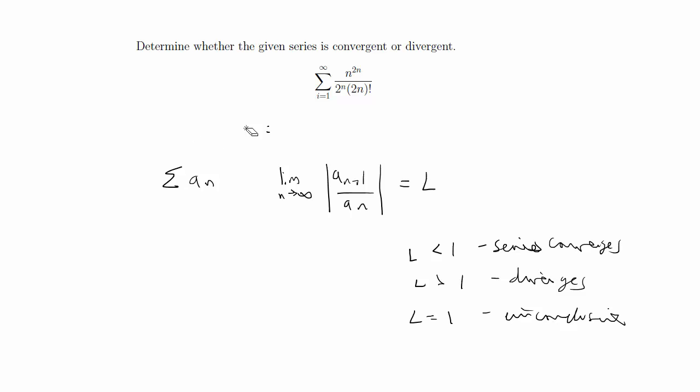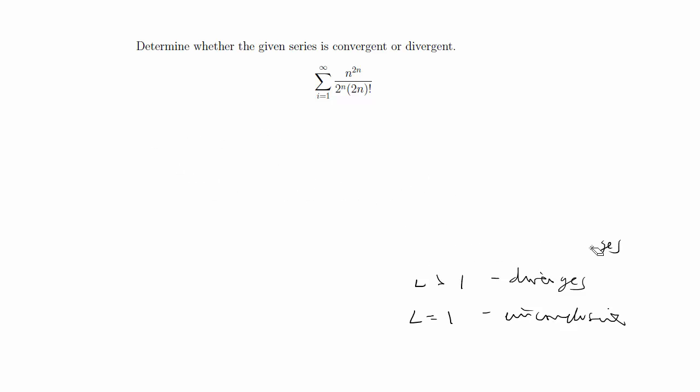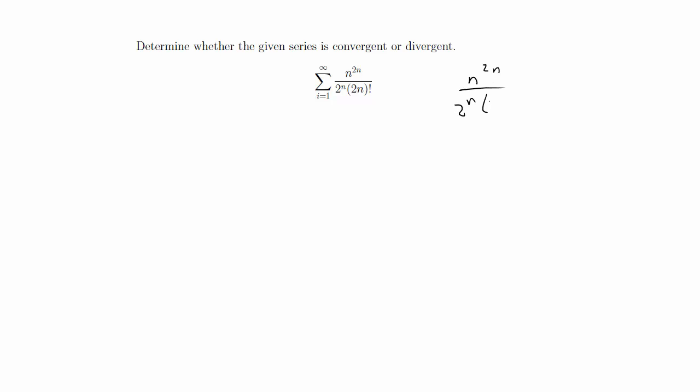This is actually one of the more intricate problems for the ratio test that I could find. It has a few tricks, but it's still kind of simple. So let's start by calling n^(2n) over 2^n times (2n)! a_n.